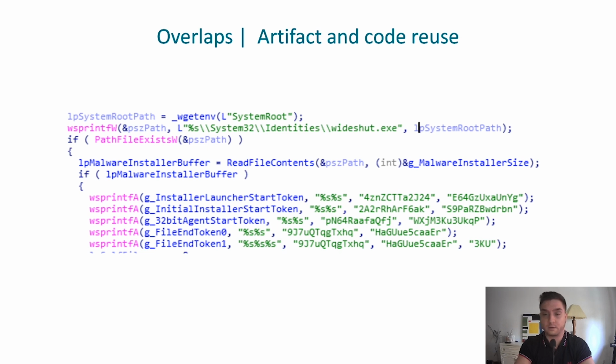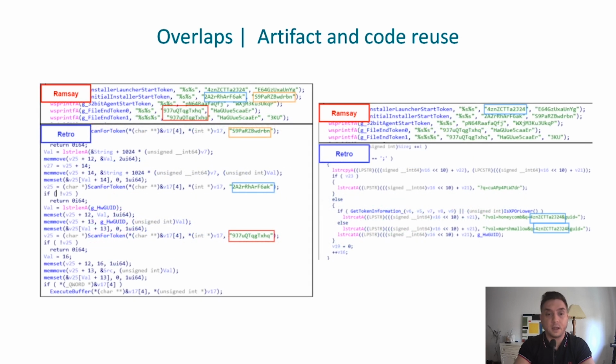We found that these specific tokens were being reused in Retro as well. Apparently these tokens are used in a different context in Retro, and they seem to be completely exclusive to Ramsay and Retro. We weren't able to find them in any other malware family.